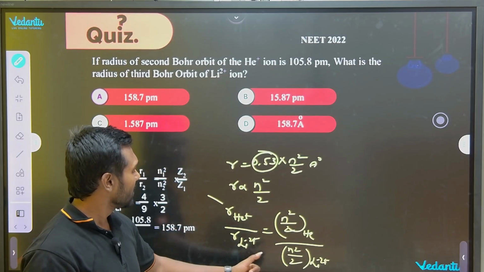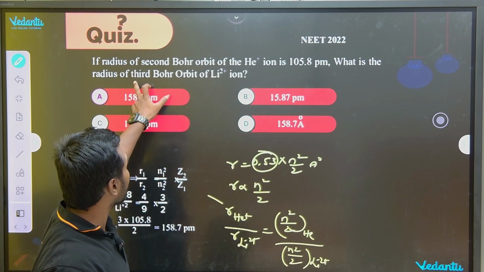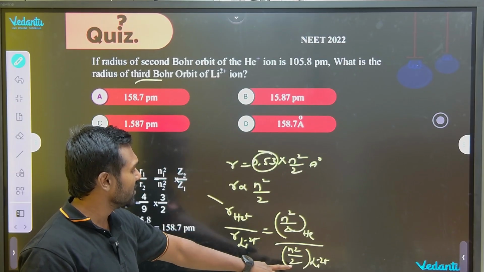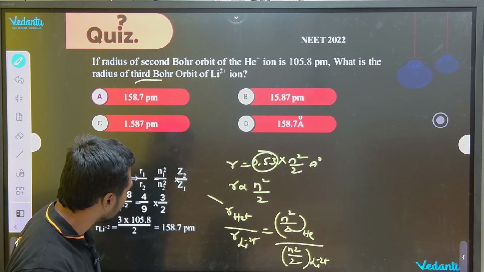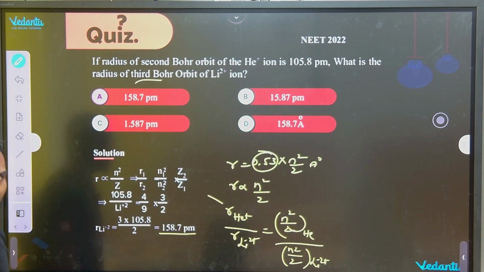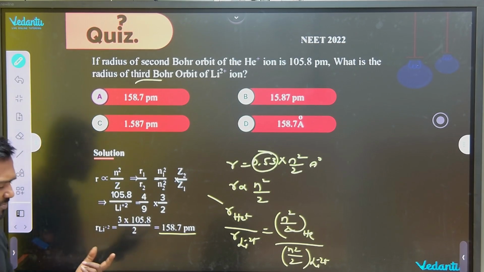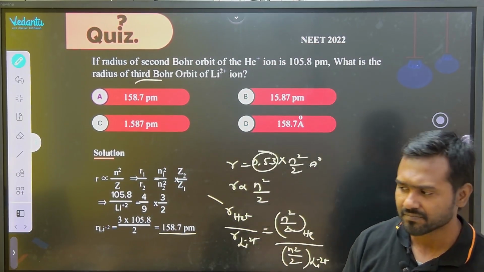You have to find the radius for the third orbit, so substitute the third value, and for lithium, Z is 3. You substitute all the values and you will get the answer. The answer here is 158.7 picometers, simple one. So substitute in the direct formula and you will get it.